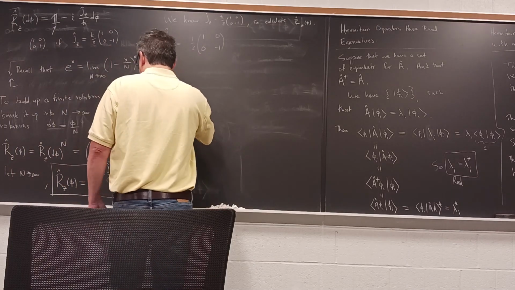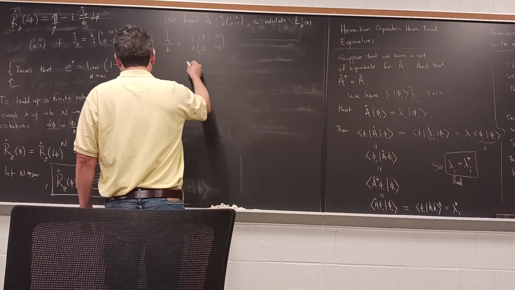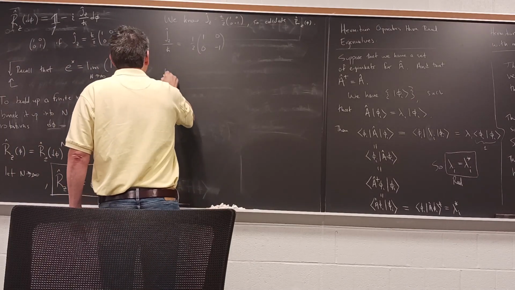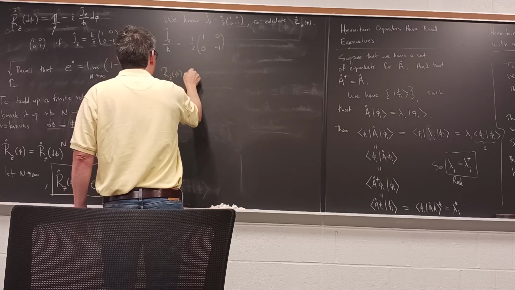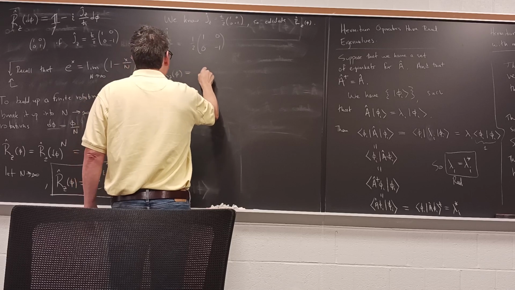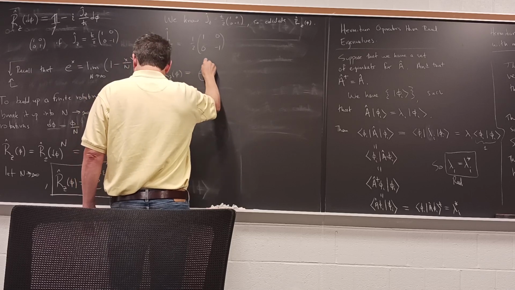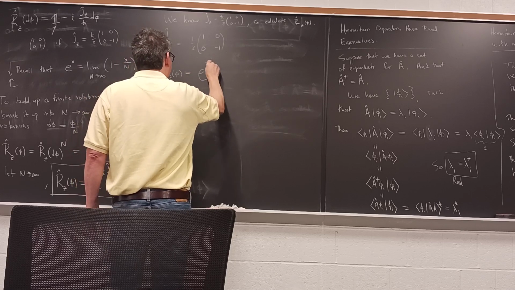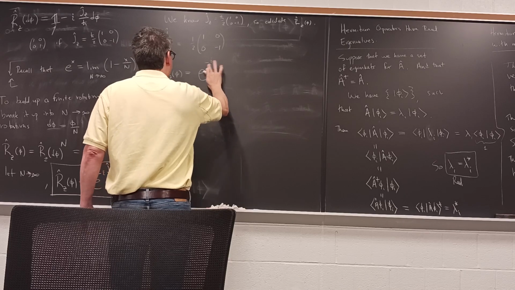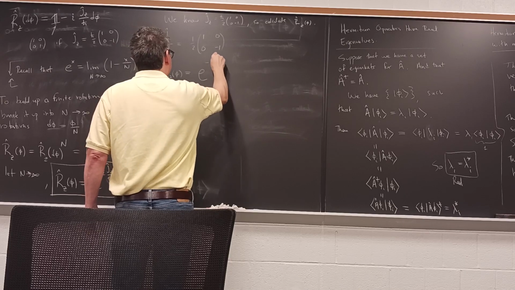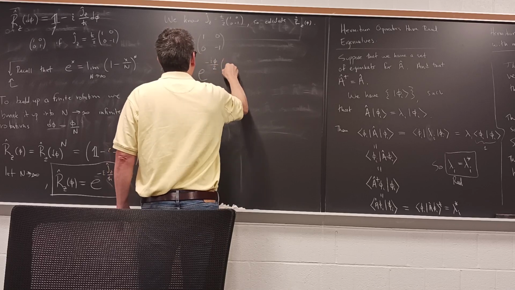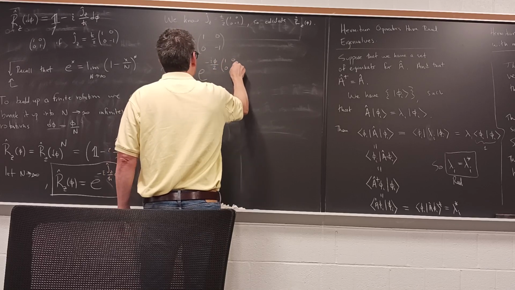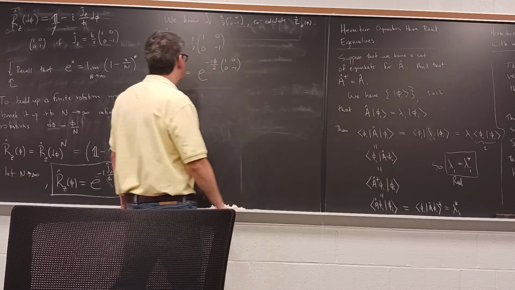And so what do we have here? We have RZ of phi is equal to E to the minus I, so I already took care of my H bar, minus I phi over 2, that's the 2, times this matrix 1, 0, 0, minus 1.